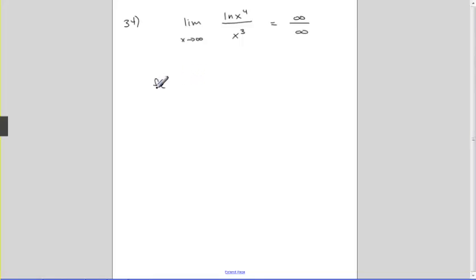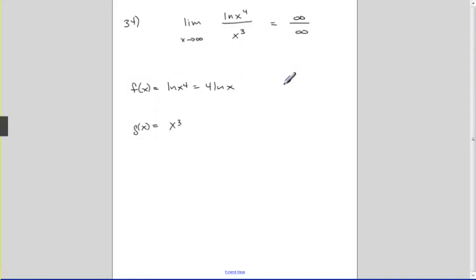Actually, we're going to define what our numerator is. We'll call that f of x. And like we did in the previous problem, we can bring the exponent out to make it simpler. And g of x is the denominator. Okay, so we take the derivatives of each one of these and then look at the ratio of those terms.